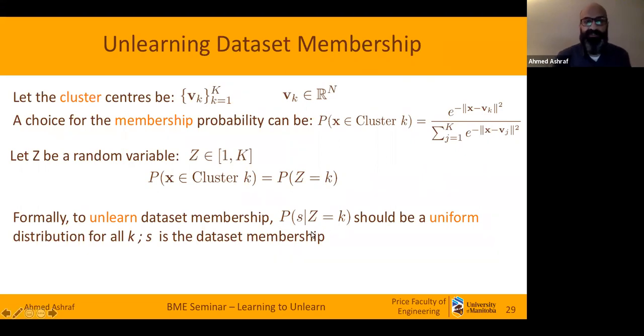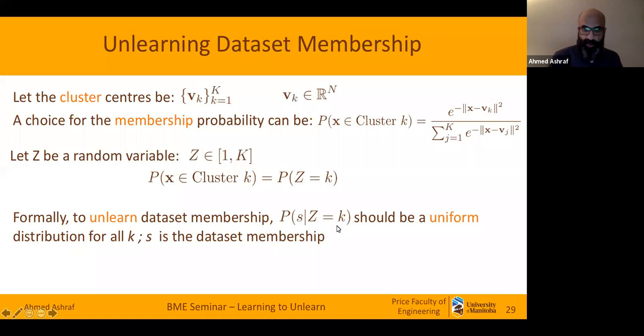that something happens. And that something is that if I tell you the value of z, which means that I'm telling you that this point belongs to cluster k, you should be unable to make any inference about the dataset membership, and S is the variable that we are using in this case to represent dataset membership.